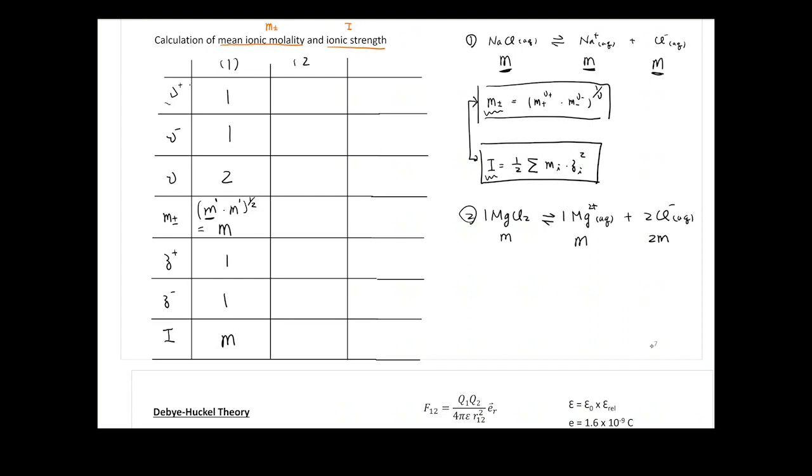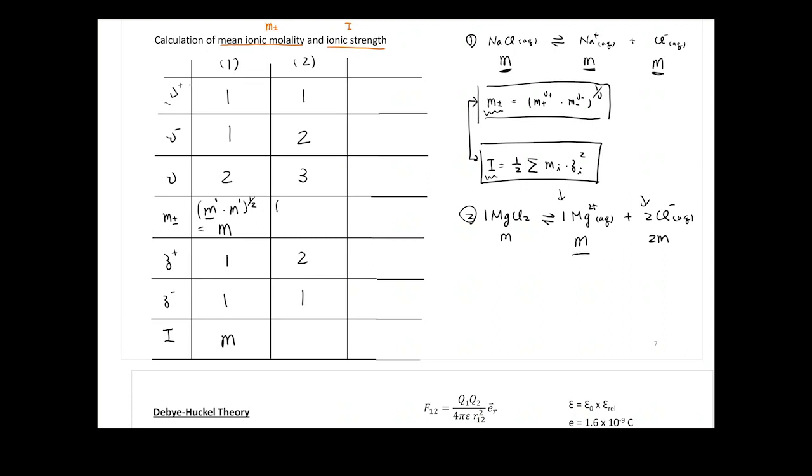So for condition number 2, your ν+ is 1, your ν− is 2, and your ν total will be 3, because ν is ν+ plus ν−. For the charge, z+ will be 2 and z− will be 1. Once we write all these down, we can calculate our m±.